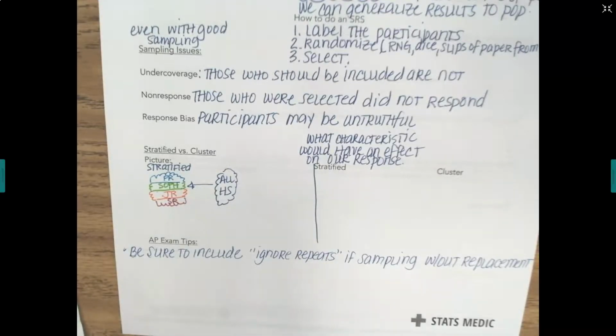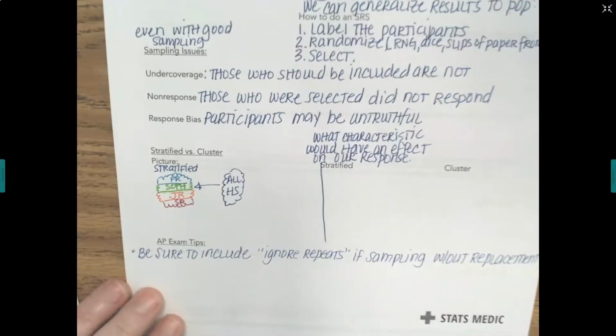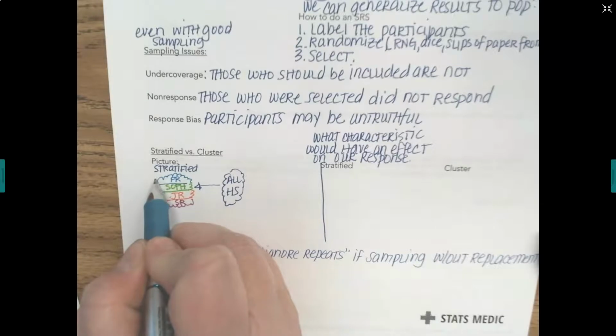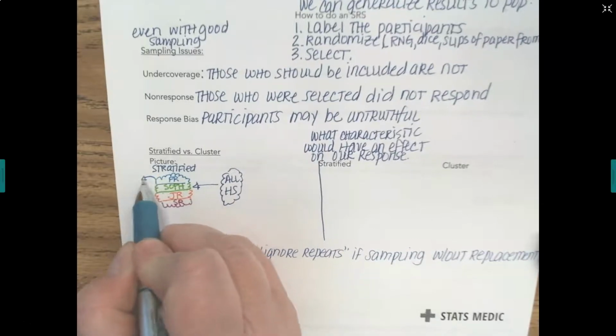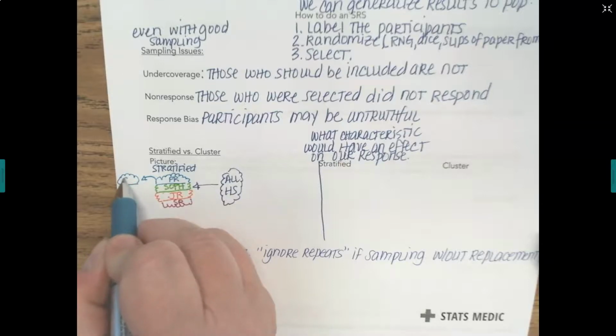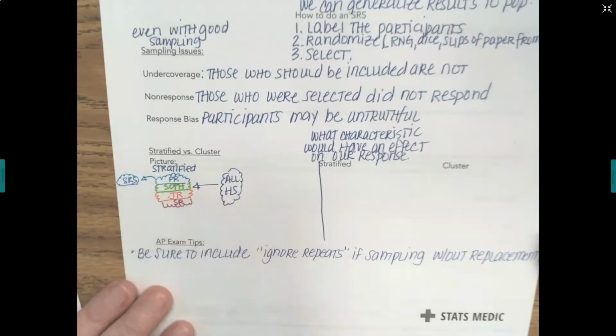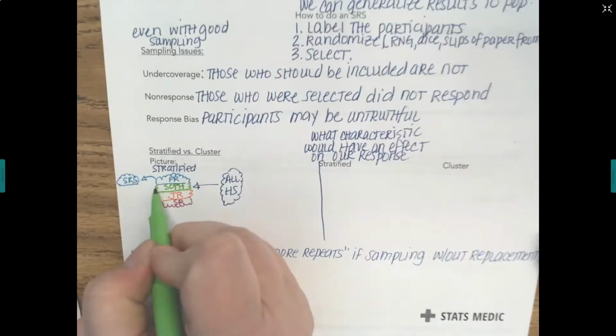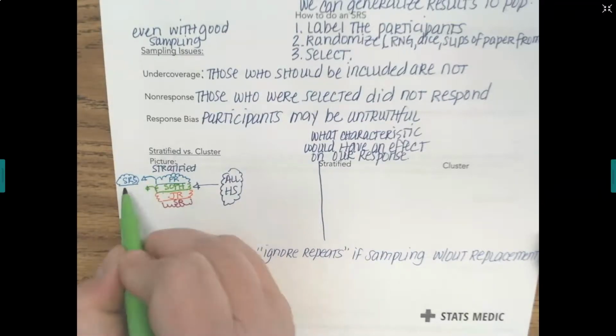Once I have everybody into their group, I want to then take an SRS out of that group. So I have all these freshmen. So from here, I'm going to sample an SRS of freshmen. And then with my sophomores, I'll do the same thing. I have my whole group of sophomores.